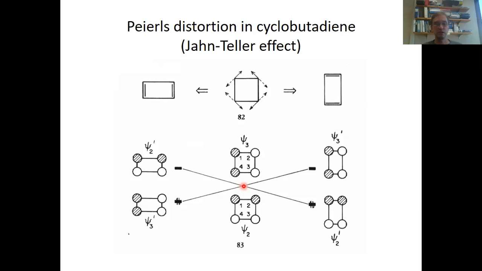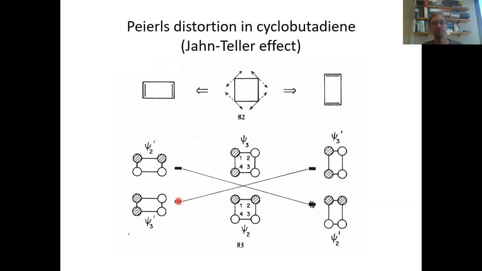Now I need to consider that the non-bonding orbitals are only partially occupied. In fact, there are only 2 electrons in them. Both of these electrons can go into the bonding molecular orbital here, leaving the antibonding one empty. So overall, we have lowered the energy of our electrons. The same is true for the opposite distortion in this direction.